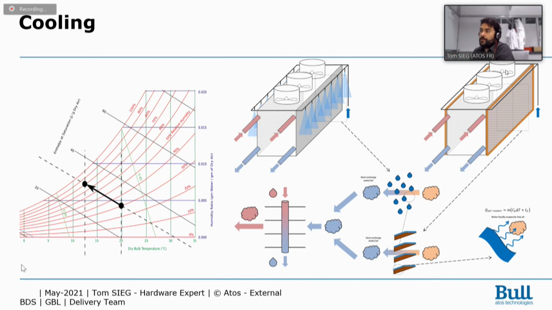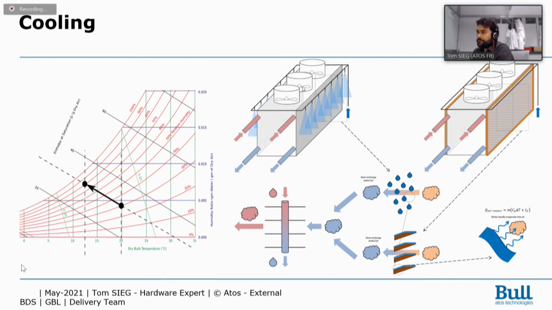So we will create air movement from outside to inside to optimize the heat exchange from the water through the metal to the air. That is the normal use. So the air here will become hot and the water here will become cold.